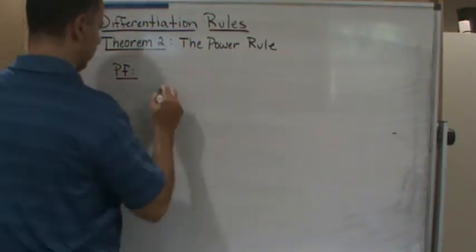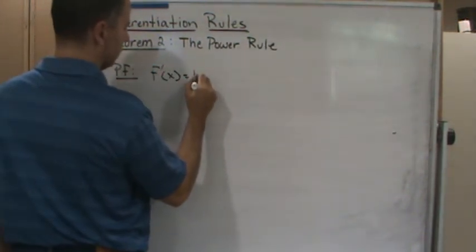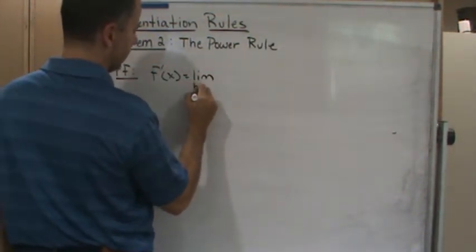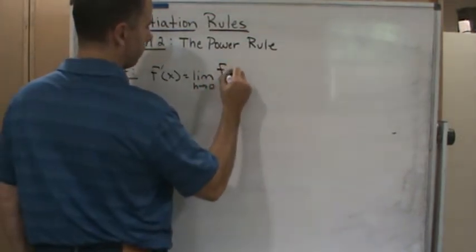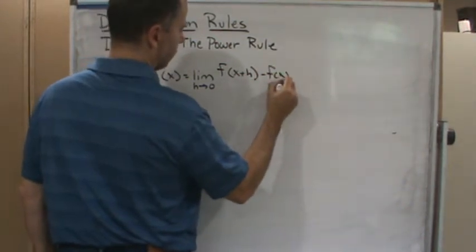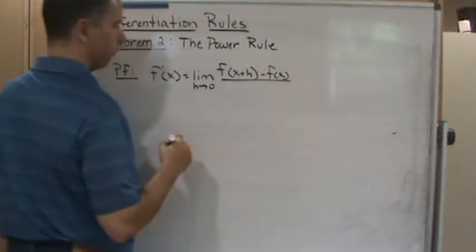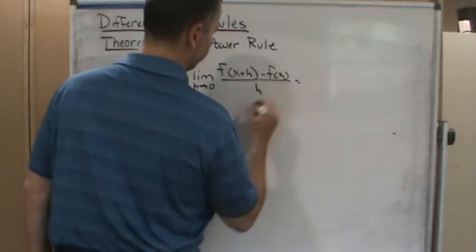So again, it's going to be f prime of x is equal to the limit as h approaches 0 of f of x plus h minus f of x over h. Okay?